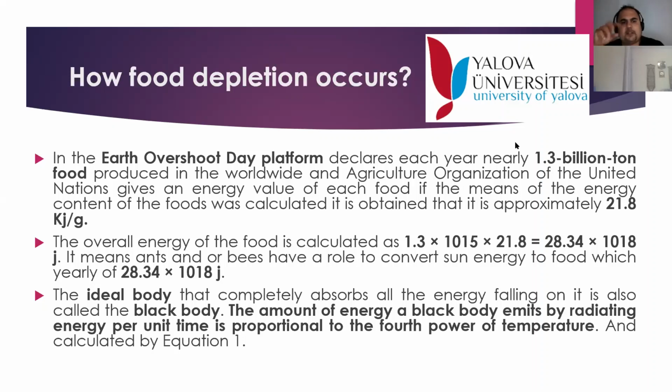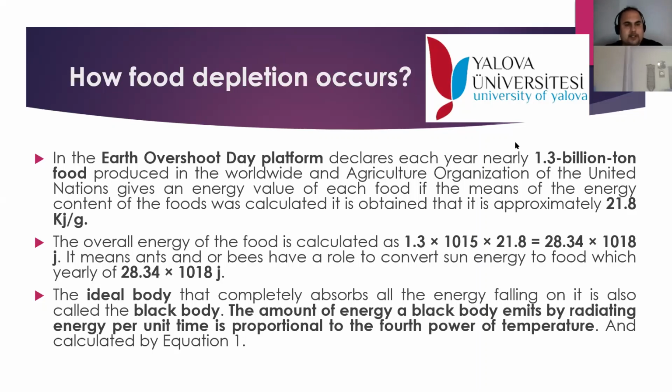Ants and bees have a role in converting sun energy to food. So if we can calculate the yearly energy, how much is converted, you can see 28.34. It is a basic physics phenomenon that an ideal body can absorb all the energy.